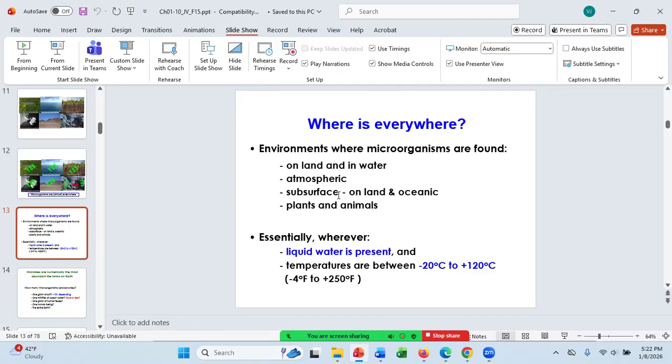I'm not counting bedrock, especially if volcanic vents made the bedrock, because there won't be microbes underneath that. Otherwise, it's down about a mile in the soil and about a mile up in the atmosphere. And you find microbes on all plants and animals. Essentially, wherever liquid water is present, you can find microorganisms.